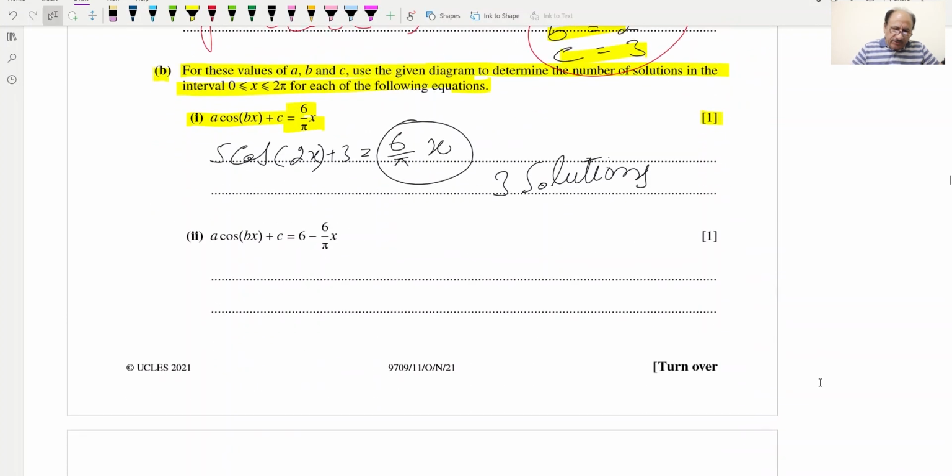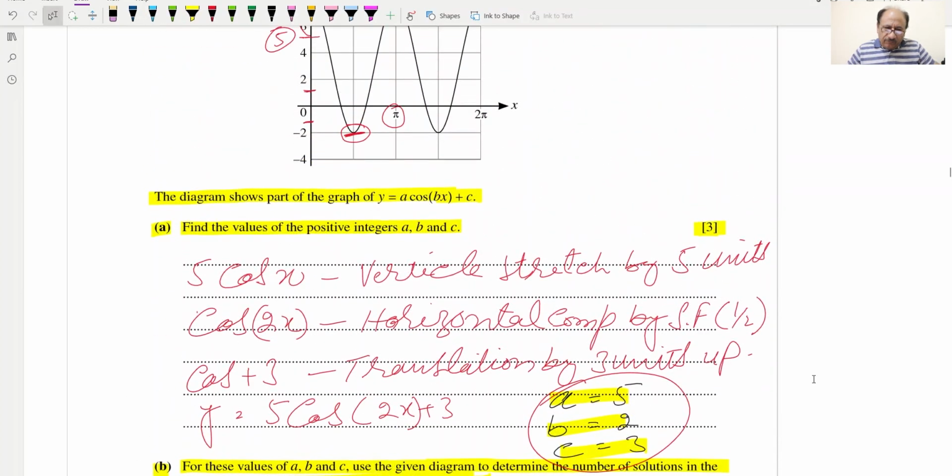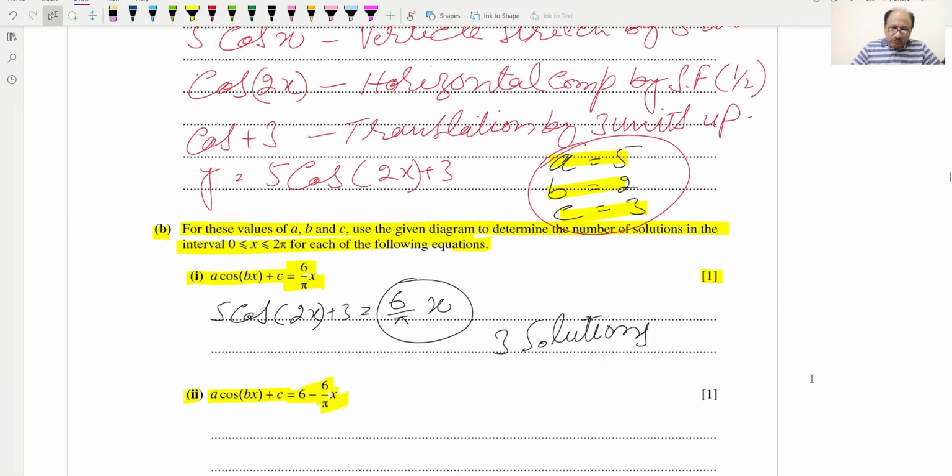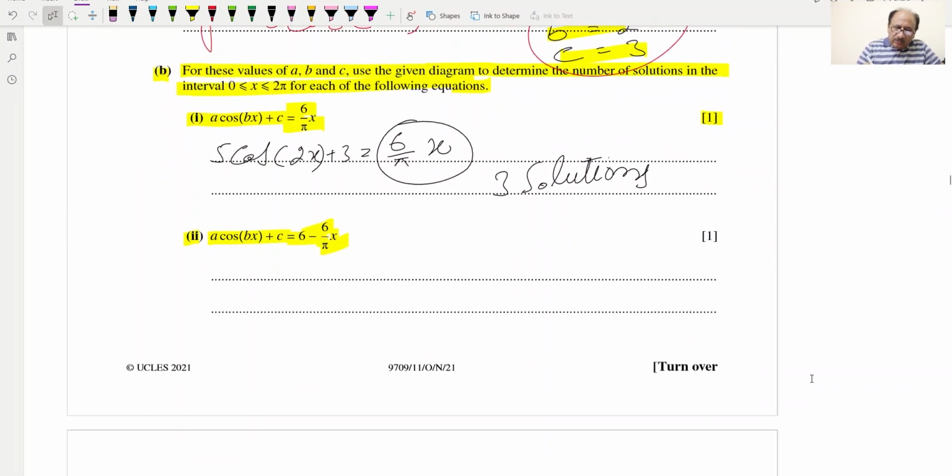Similarly, for the second part, a cos bx plus c is equal to 6 minus 6 over pi x. If we draw that one, it will be over here, this one, and we can check this has 2 solutions, so we can write the answer as 2 solutions.